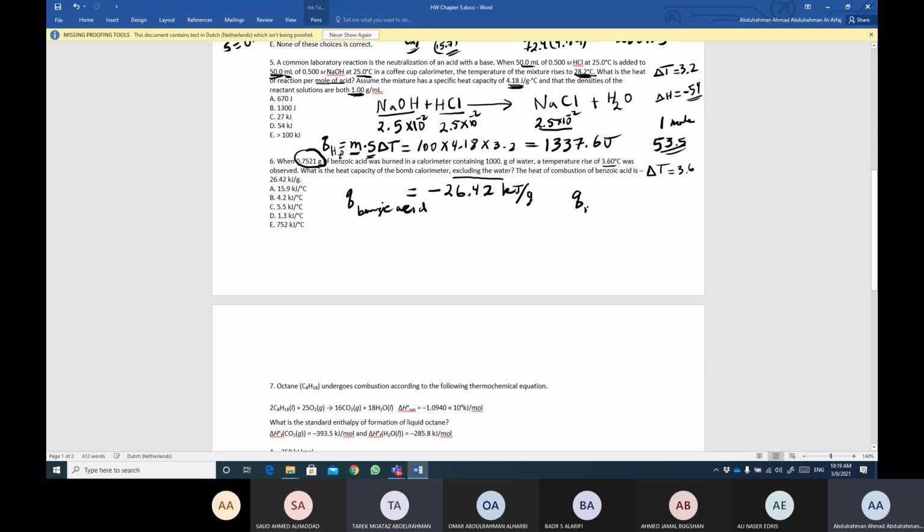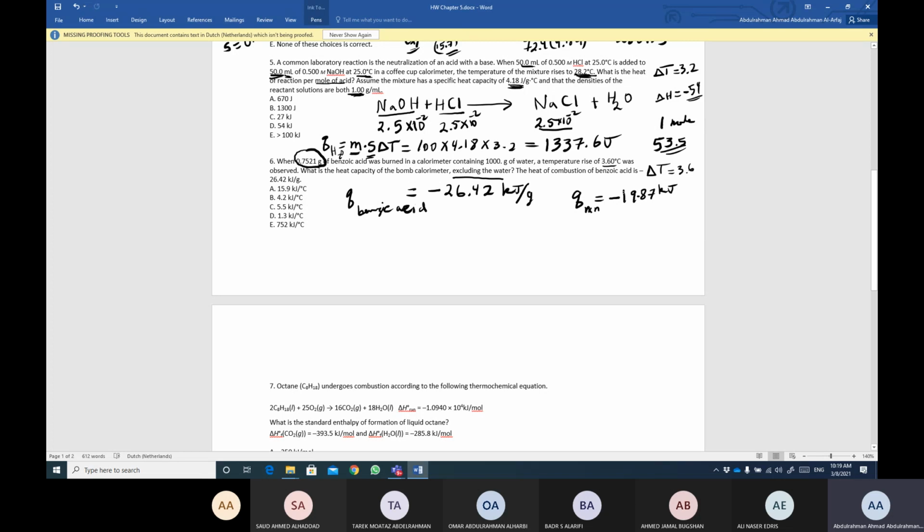We multiply it, right? Okay, go ahead, give me the answer. Minus 19.87. Very good. It's kilojoule now, without per gram, just kilojoule. And if I want it in joule, I must multiply it by 1000.